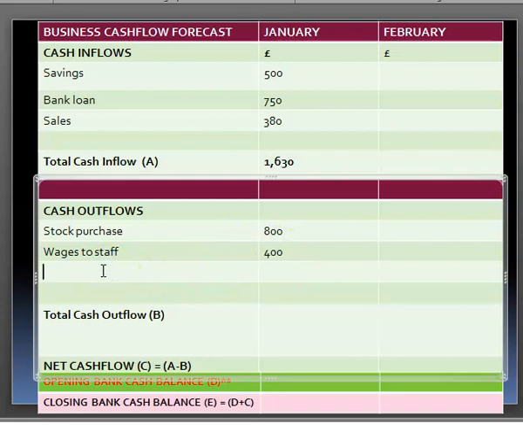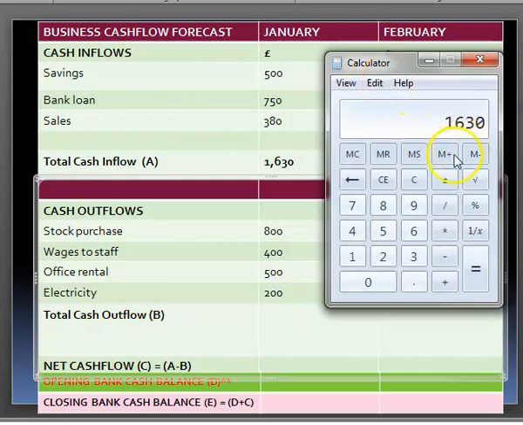Then they paid for office rental, another £500, and then they paid for electricity as well, which is £200.